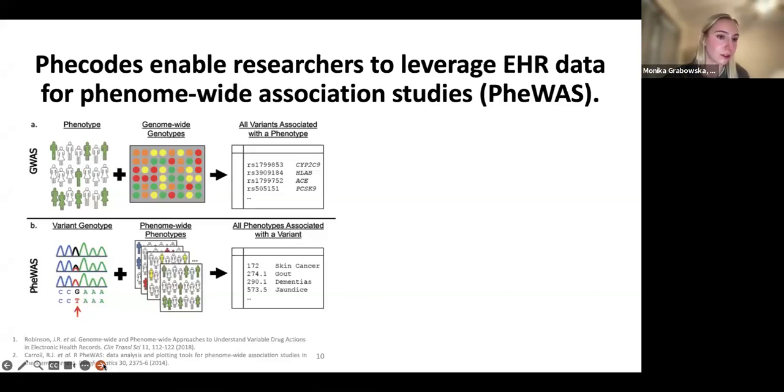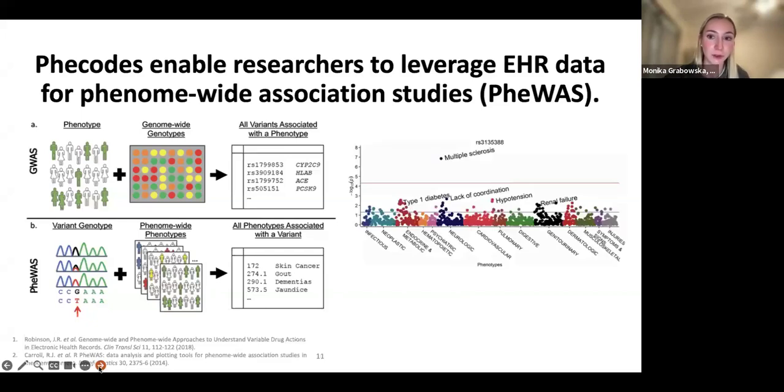In the PheWAS, however, you're starting with the genetic information in most cases, so a SNP, but this can also be a polygenic risk score, a continuous variable, and you're looking for phenotypes that are associated with that SNP, or whatever you were starting with.